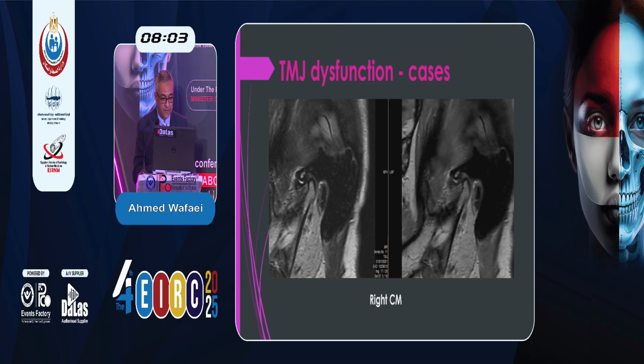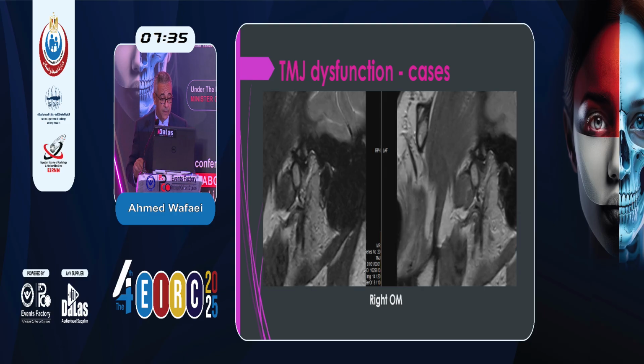Here is the first case, a female patient complaining of pain and clicking of the right temporomandibular joint. This is a closed mouth view. We can see that the disc is displaced anteriorly. We can place a line traversing the head of the mandible. The disc is located in front of the line, so it's displaced anteriorly.